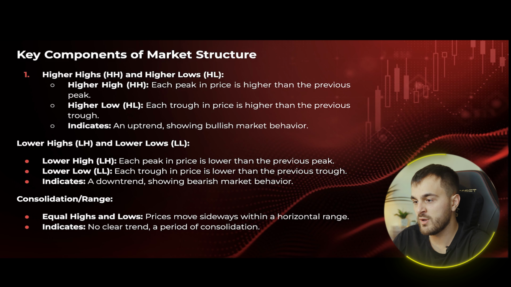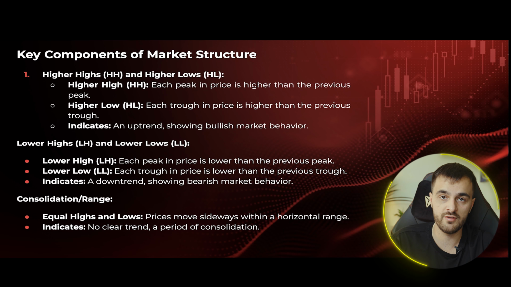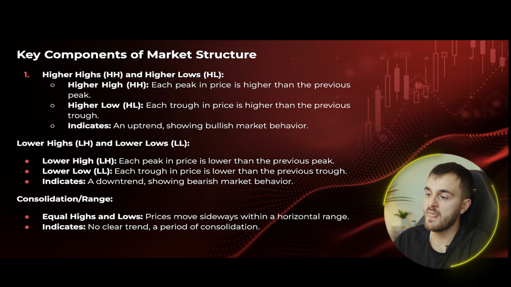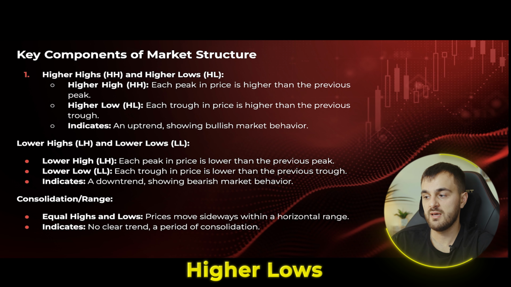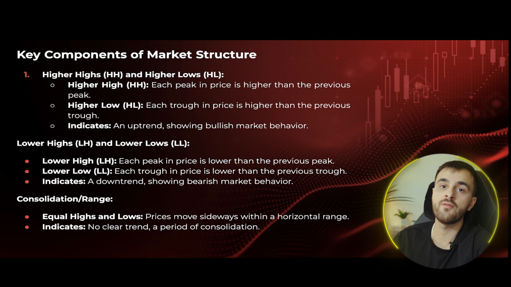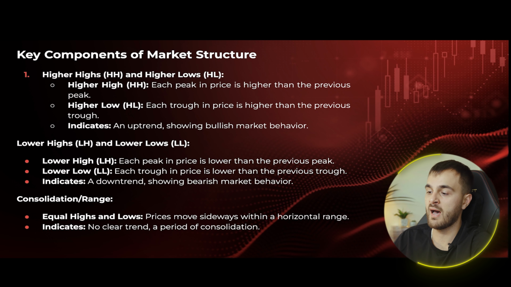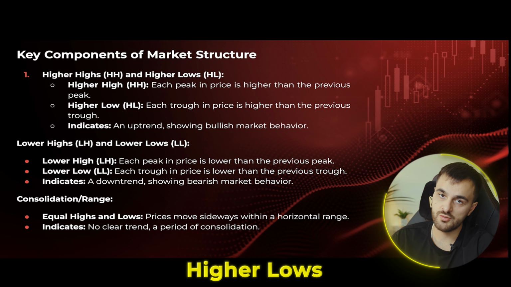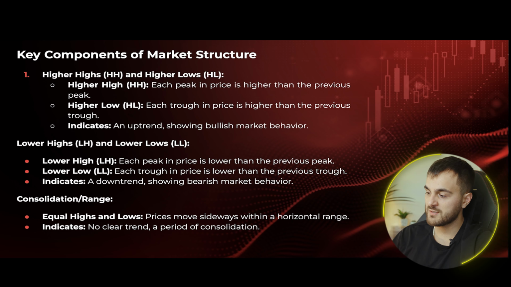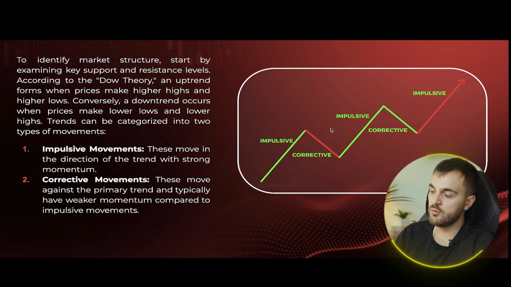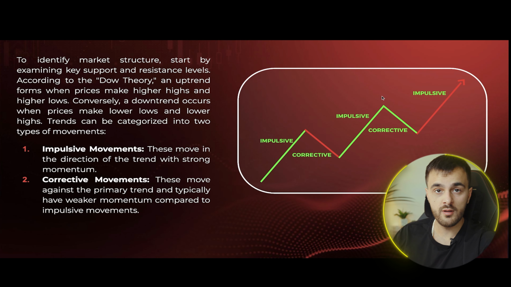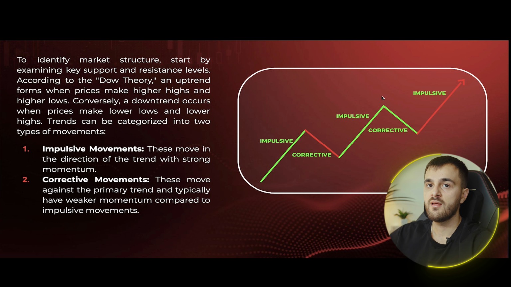Let's move forward a little bit and talk about just the key components of your market structure. Number 1 is higher highs and higher lows. Each peak in price is higher than the previous when we're talking about higher highs and higher lows. So we call it a through. When we go back to the line chart, when we go through a previous high, through it, that's what we call it.